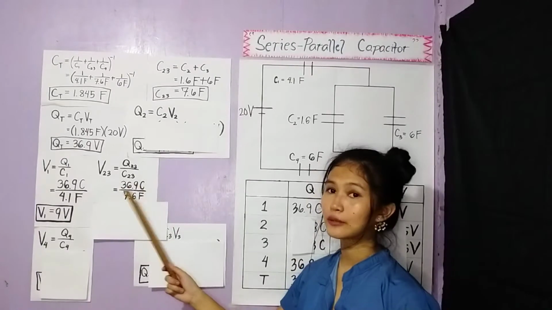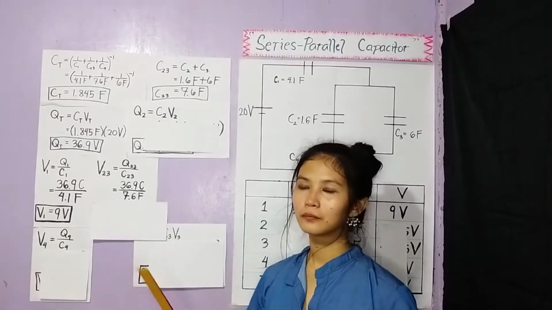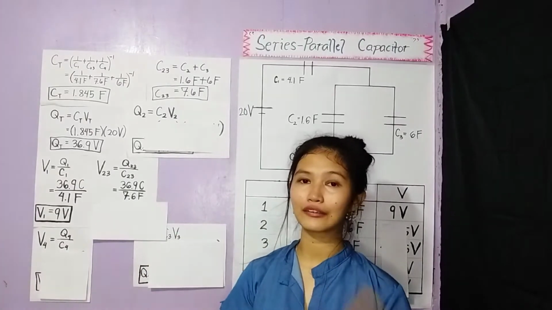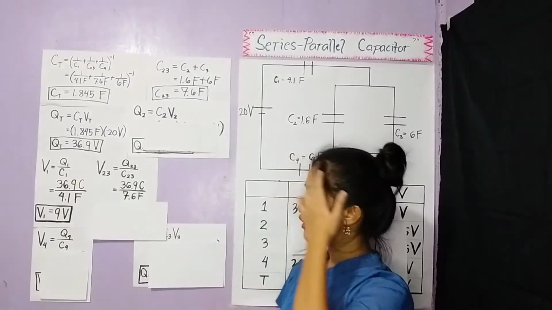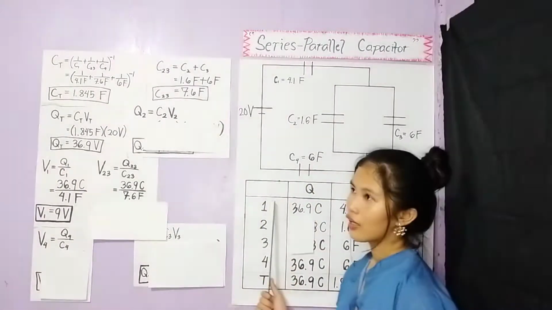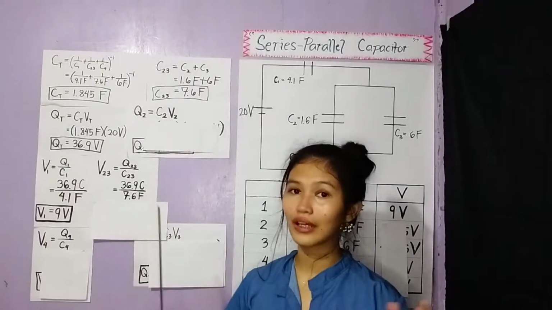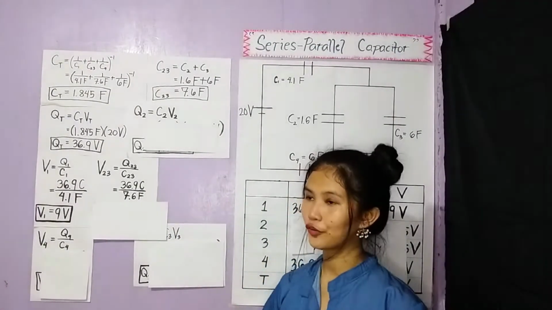We have 36.9 coulomb here because they are in series in the first place. So in writing the table for the source charge, their first value is 36.9 coulomb. That is their first value for Q2 and Q3.